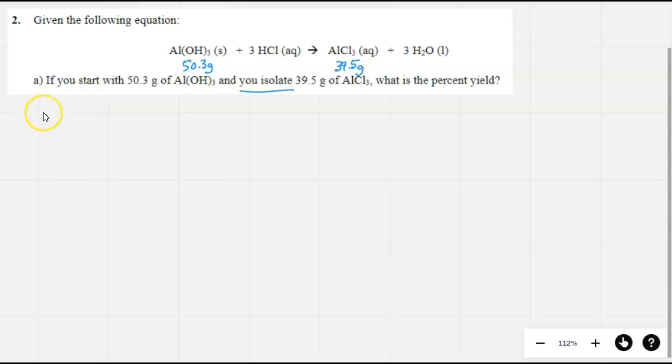But the number I'm going to start with is the 50.3 grams of aluminum hydroxide we started with. We can figure out how much aluminum chloride we should have obtained using stoichiometry. So first off, I need the molar mass of aluminum hydroxide.